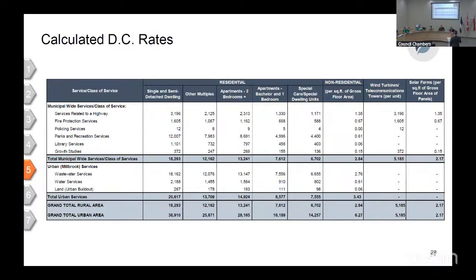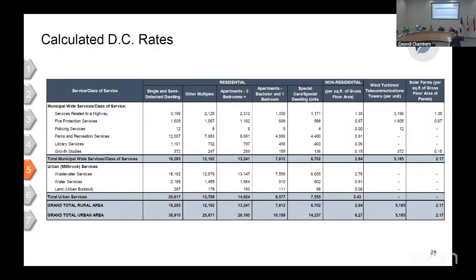So with the calculated rates, I'm not going to go through all the numbers in this table, but just point out that we have different categories for the residential development. So single and semi-detached dwellings versus other multiples, which are your townhomes, apartments with 2 bedrooms plus, apartments with 1 bedroom and studio, and a special care, special dwelling unit charge as well.